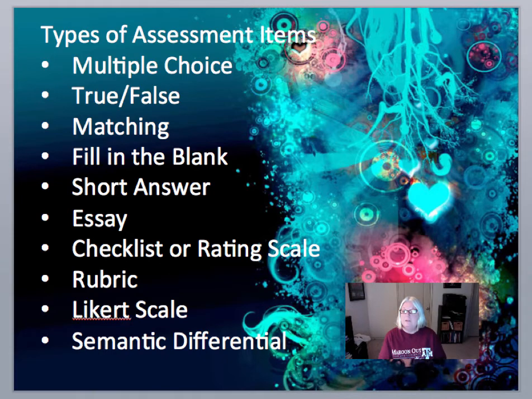For example, if you have an objective for students to state the capital of Virginia, it would be best to have them state it from memory, like a fill in the blank, rather than pick it from a list of choices in multiple choice. So you can see how your objective needs to drive the type of test item.